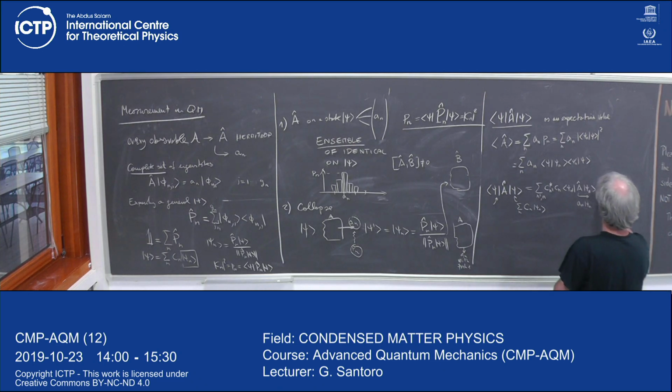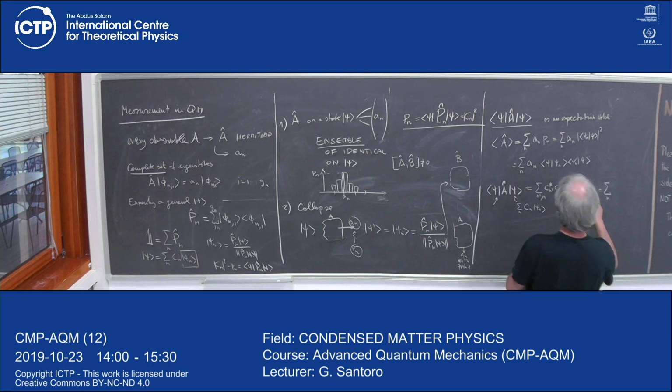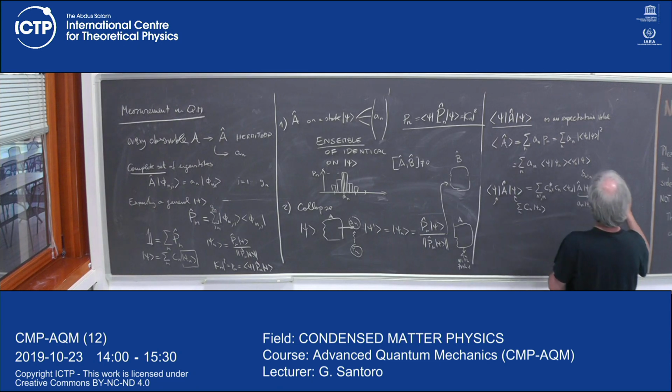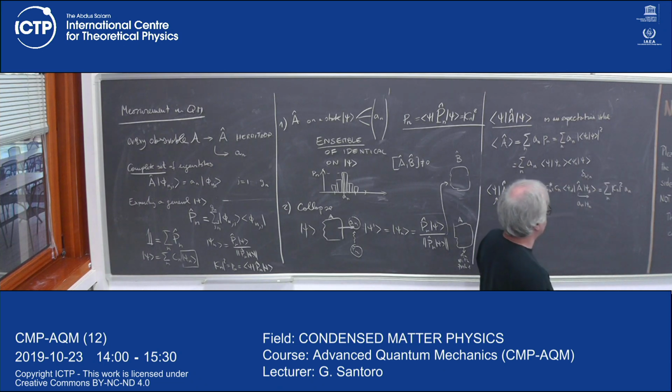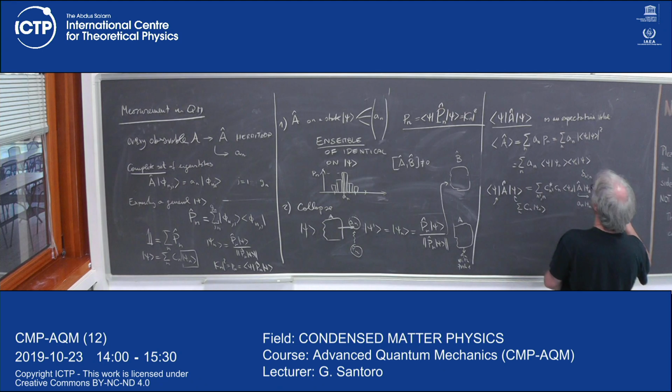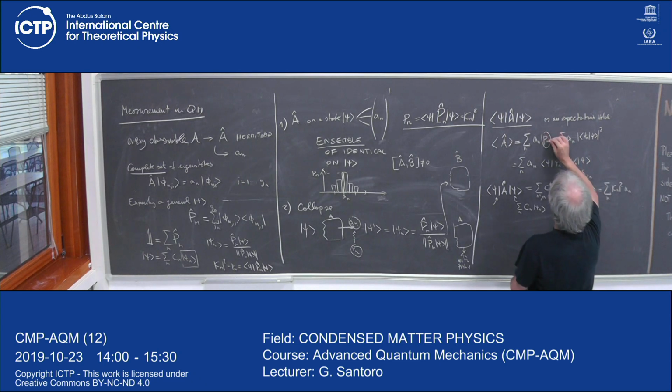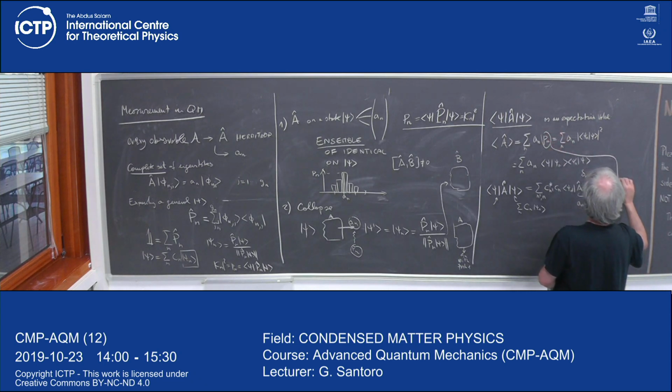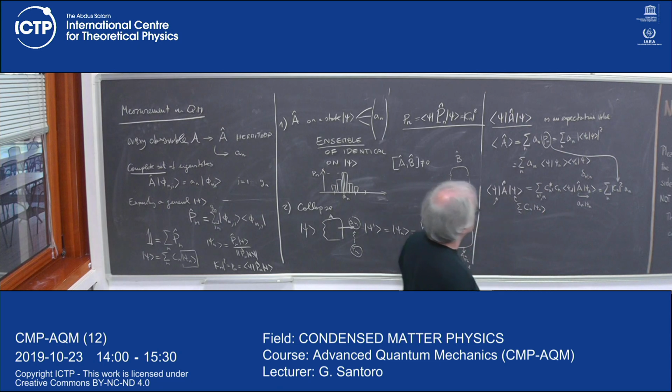So the result of this thing is simply equal to the sum, since there is a delta of n prime and n, a sum of Cn modulo square times an. Okay? But Cn modulo square is precise, so maybe there is not even any reason to write it. It's directly equal to that. So it's even shorter.